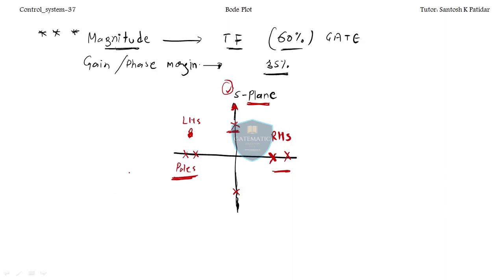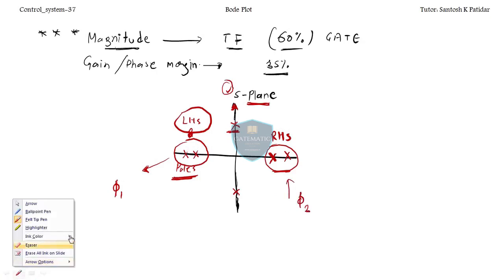Okay, so what I'm saying is, suppose your system is like this, in which your poles and zeros are in the LHS of the S-plane. When you calculate the phase of this, let's take this phi 1. You have some poles and zeros in the RHS of the S-plane. You are finding out the phase of this, phi 2.